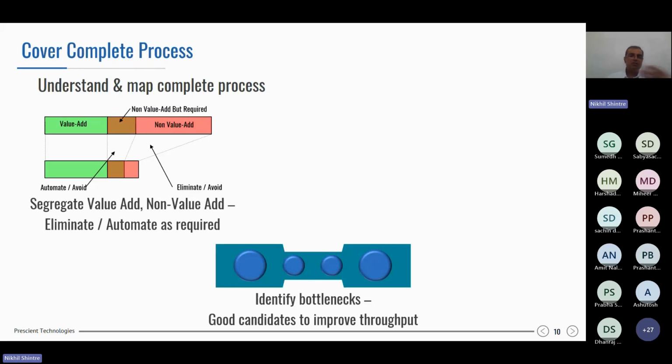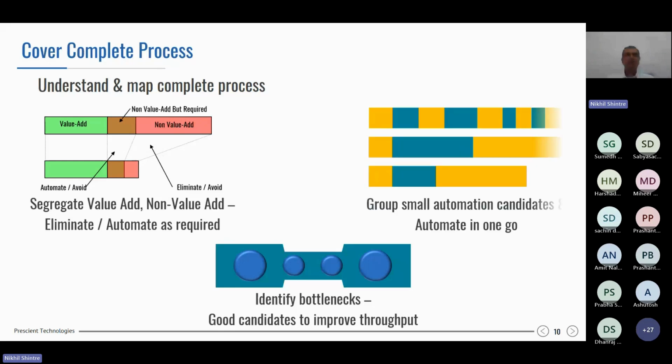So that is another possible opportunity that you can leverage when you understand the complete process. And the last one is interesting when you actually look at automation. Very often in your process, you'll find there are many small tasks which are automation candidates, but if you try to automate them one by one, they are not going to help so much.